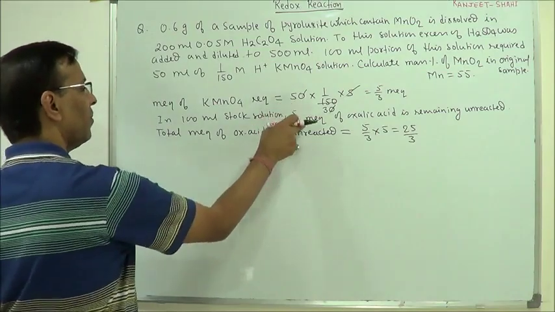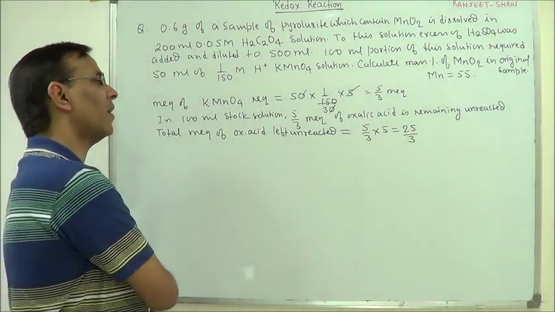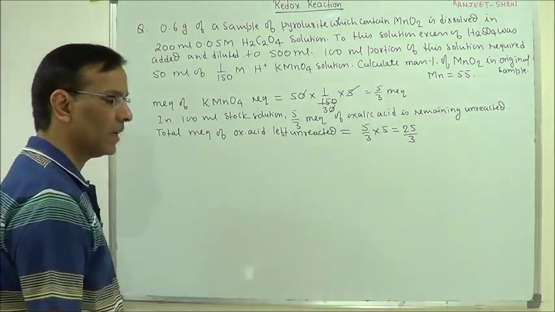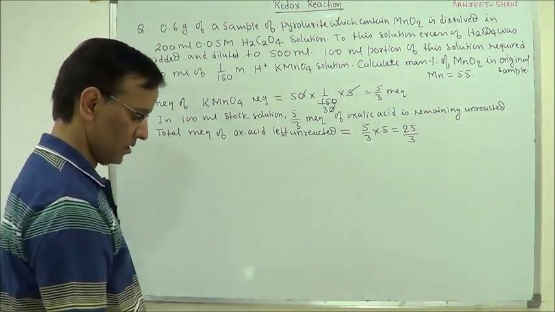In 100 ml, 5 by 3 is remaining, so in 500 ml, 25 by 3 milliequivalent would be remaining unreacted.